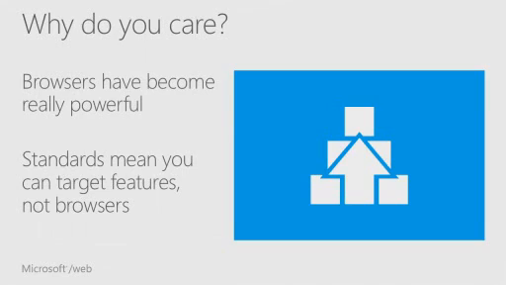Exactly. Browsers have become so powerful that they are really an operating system. Storage APIs, threading APIs, and HTML5 itself is more than just some angle brackets for section and for header. Right, exactly. It's not just about semantic markup, it's about entirely new subsets, new APIs that you can use to add amazing new capabilities to your applications.